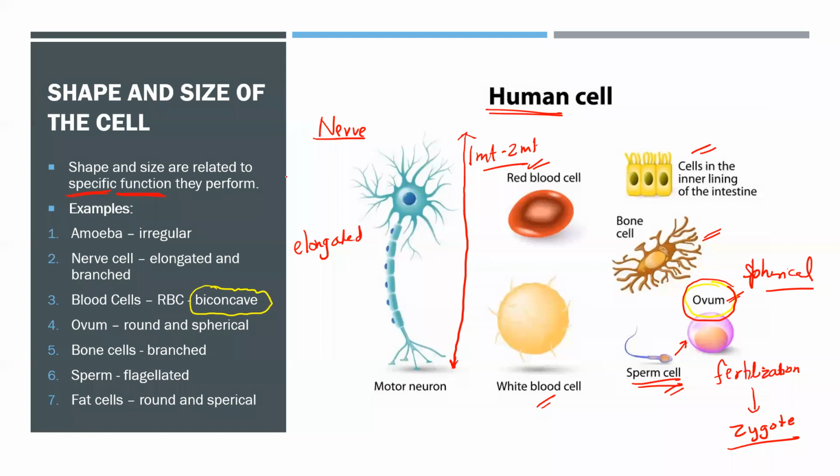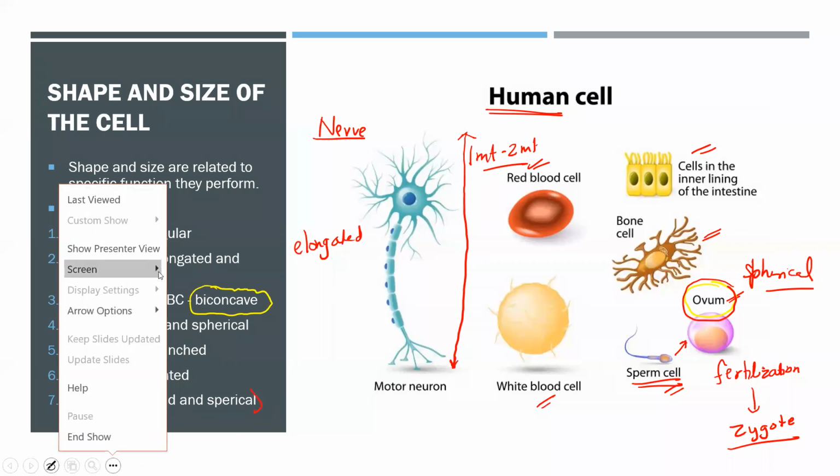Okay, beta? Now let's talk finally about the fat cell, because this fat cell is not given in your diagram on this particular screen. So let's talk about that. Let's see if this is a cell.